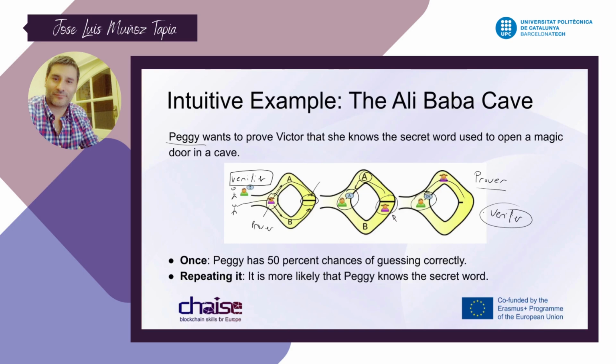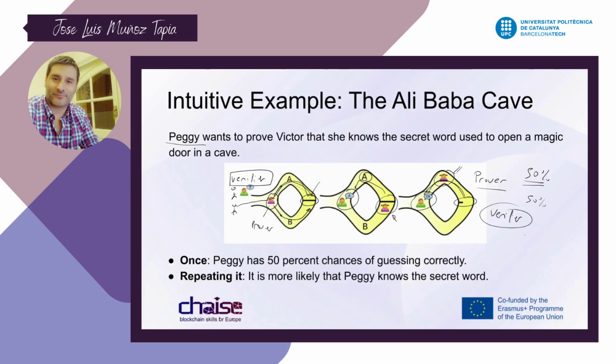The answer is no, because the prover could be lucky and could have decided to go through A, and then when I ask her to come back through A, she doesn't need to use the secret word to go outside. So with 50% of the possibilities, the prover needs to use the secret word, and with the other 50%, she doesn't. So I need to be more convinced.